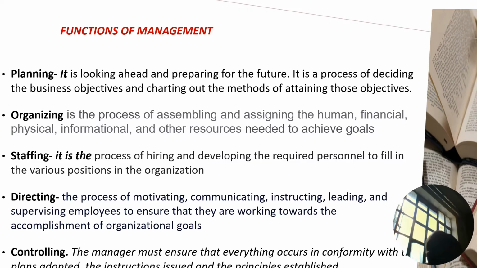The first function is planning. What is planning? Planning is the process of looking ahead and preparing for the future. Whenever we are planning, it means that we are charting our way for the future. We start by identifying the objective or the goal that the company would want to accomplish.